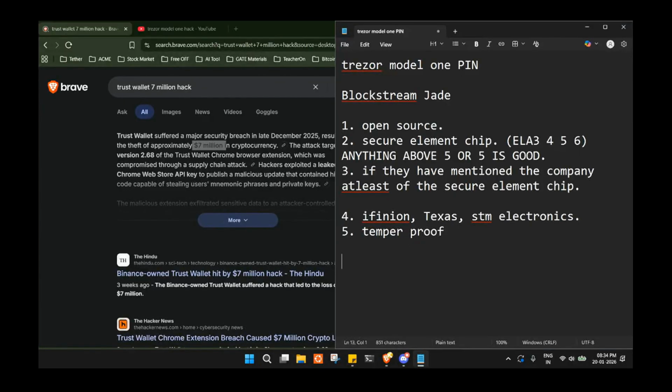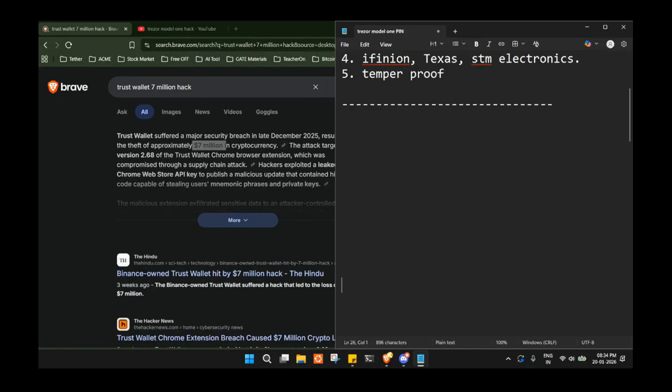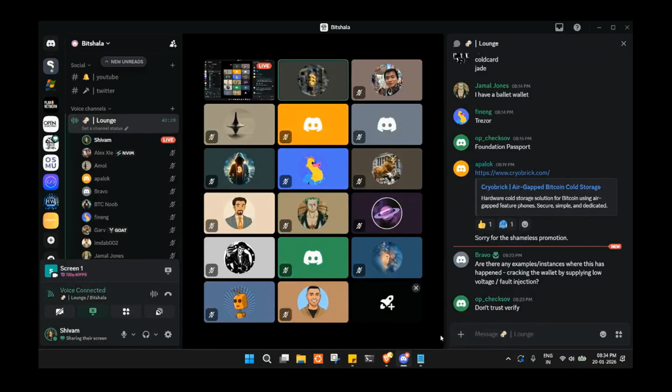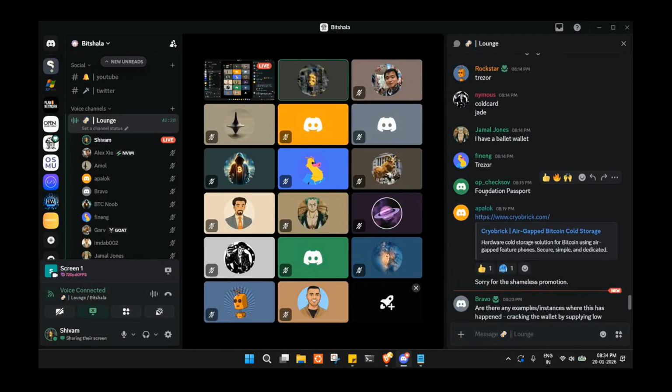Now we will see all the popular companies, what are the advantages and disadvantages, so we will get a better idea. So Trezor, we have already discussed. Someone mentioned Foundation Passport.